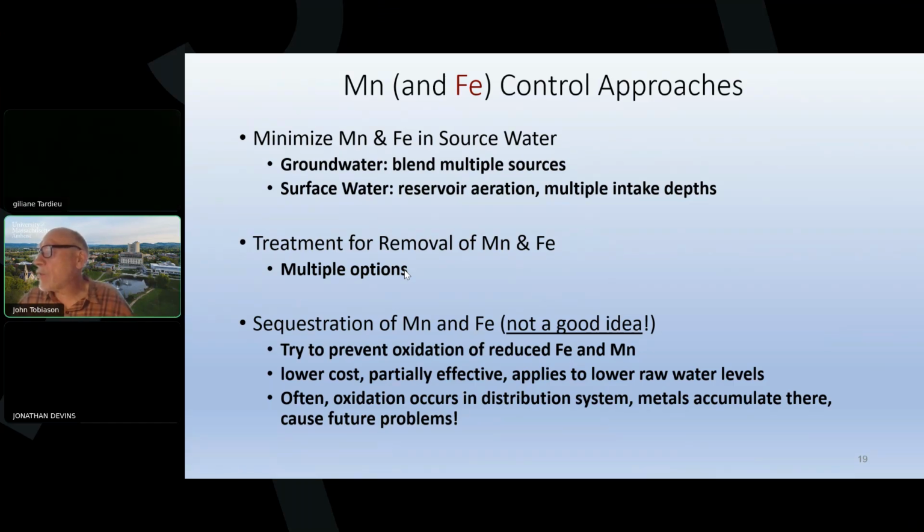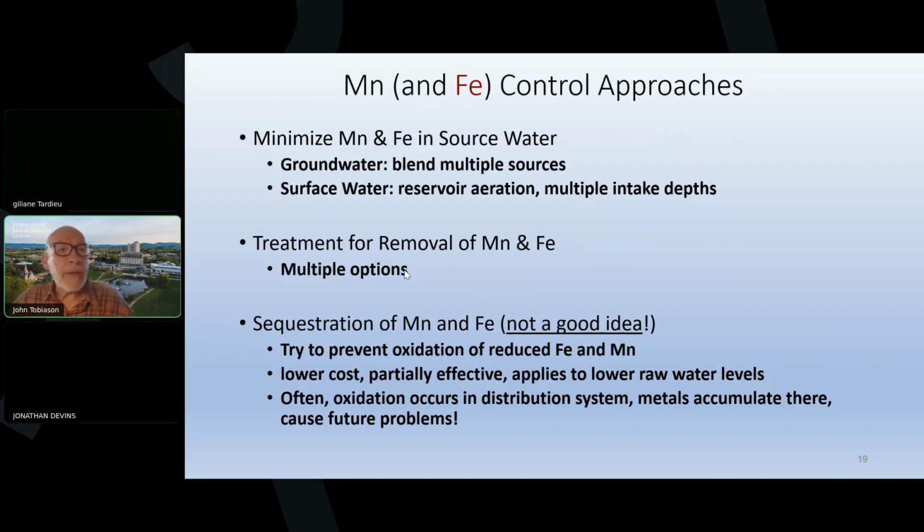It's called sequestration. And the idea of that is to add a chemical that prevents the oxidation of reduced iron and reduced manganese such that it doesn't stain fixtures or go on pipe walls. And we deliver it to the consumer in that sequestered form. Unfortunately, it's rarely all that effective, almost never for iron.